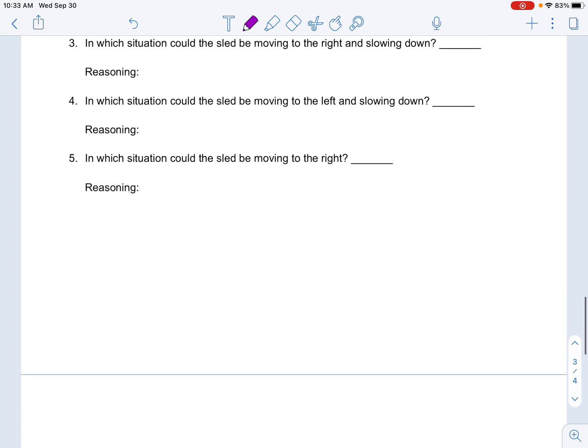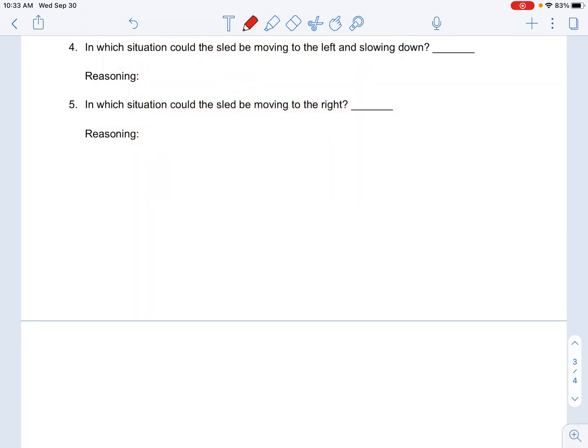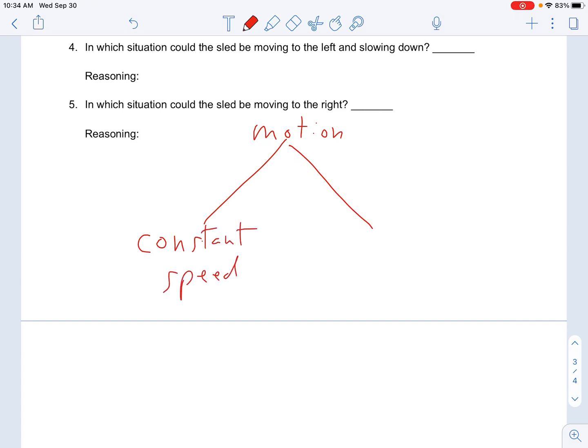For a little summary of this, we can break it down that motion is either going to be constant speed or accelerating.